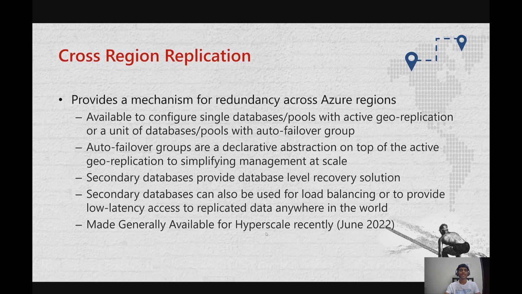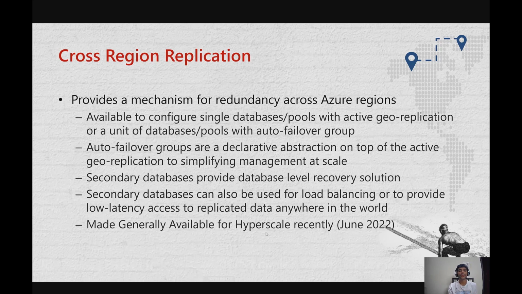Auto failover groups, think of it as nothing but Always On availability groups, where you get a mechanism to group a bunch of dependent databases if those databases are needed for your entire application to work together. So you can put a bunch of databases in a failover group and then treat them as one bag of databases, which will move from primary to secondary in case of a disaster recovery.